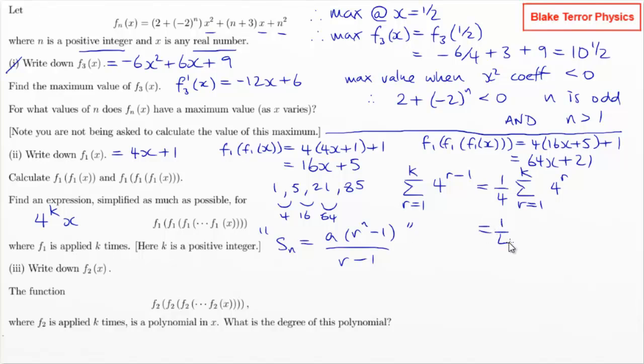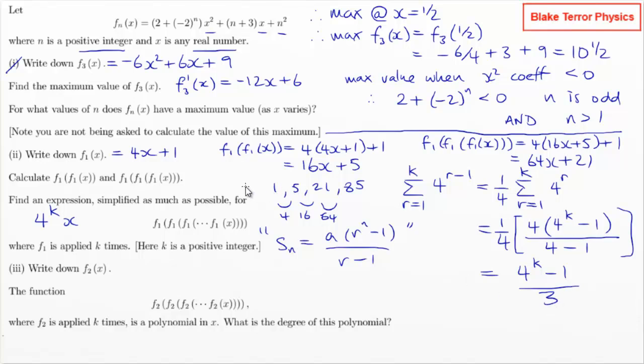We've got that quarter, which is outside, and then our first term, which is 4. Then r to the n in inverted commas, so that is going to be 4 to the k, minus 1, divided by 4 minus 1. So the 4 and the quarter are going to cancel, and that leaves us with 4 to the power of k minus 1 over 3.